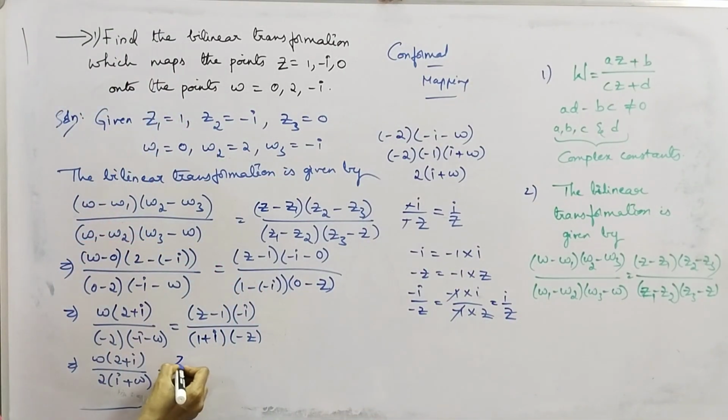So you'll get (z minus 1) by (1 plus i) into i by z. Fine. Now make a cross multiplication.